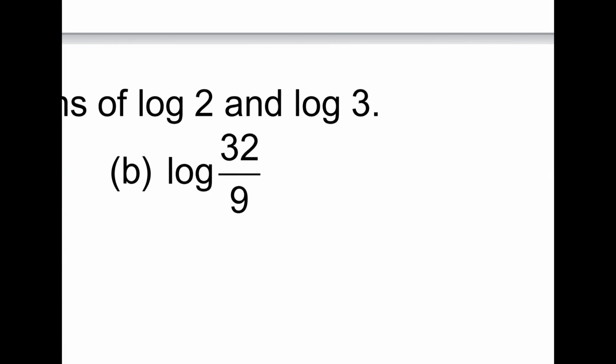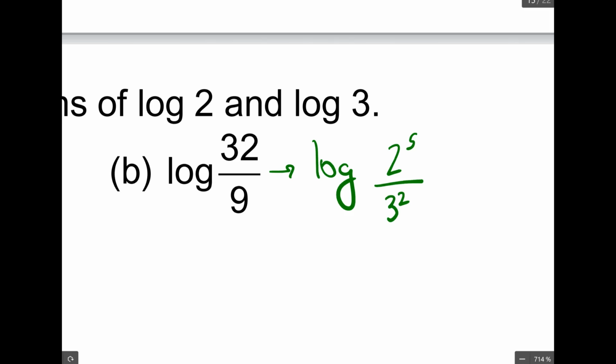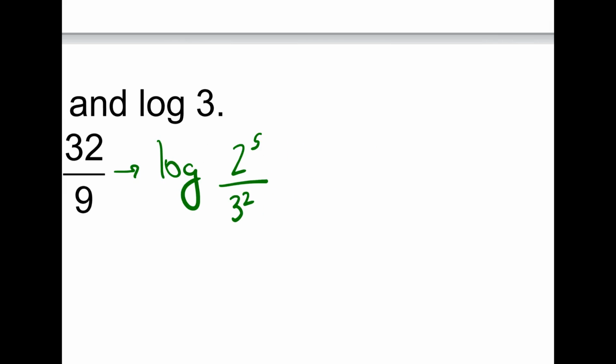You probably have a good idea of what this is going to look like, but I know 32 is 2 to the 5th, and 9 is just 3 squared. So let's use the log quotient property.